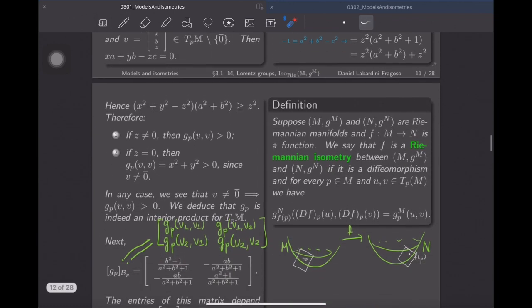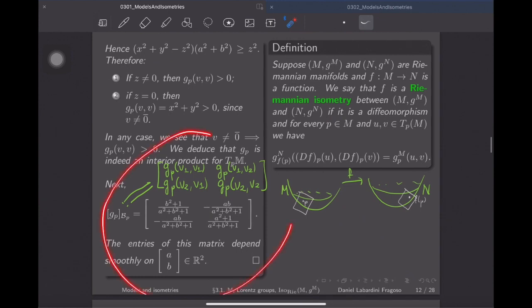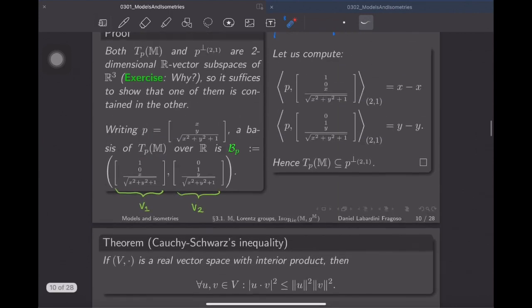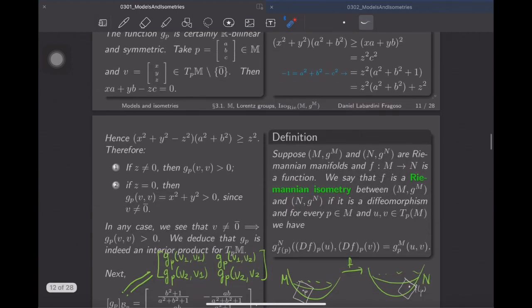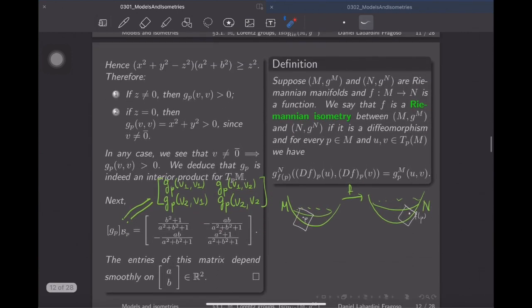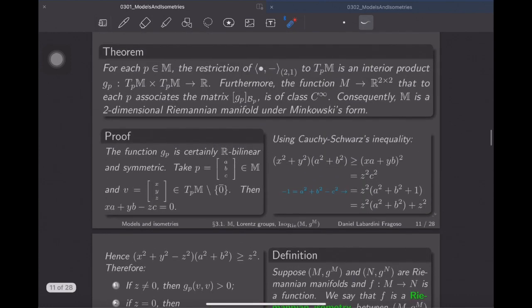And when one computes it, you have to use a basis. Which basis do you use? Well, precisely this one. And when we compute it with respect to that one, we see that the matrix is given in these terms, where my point P is given by the entries A, B, C.